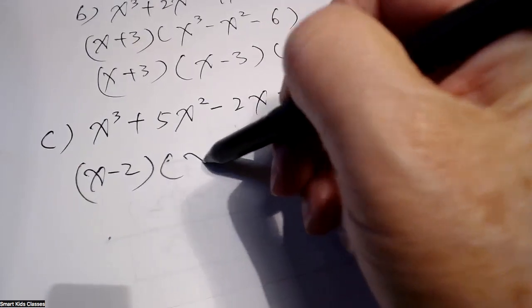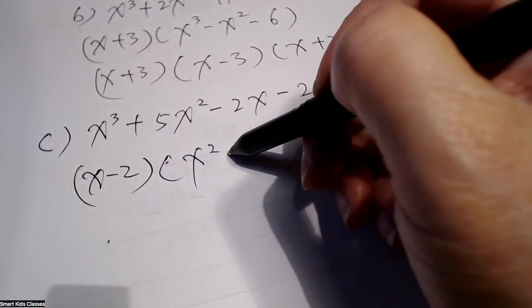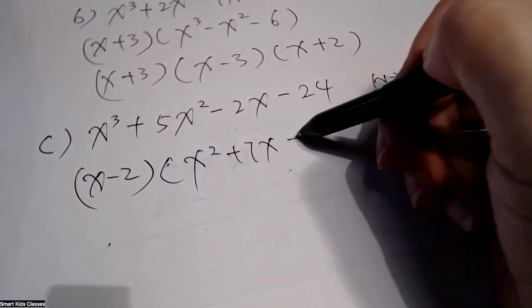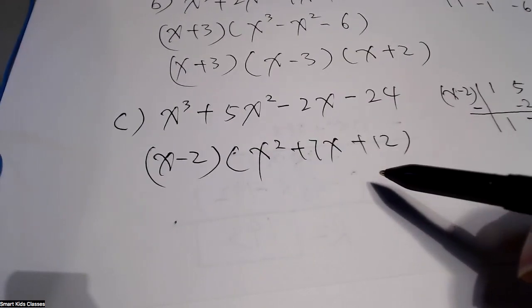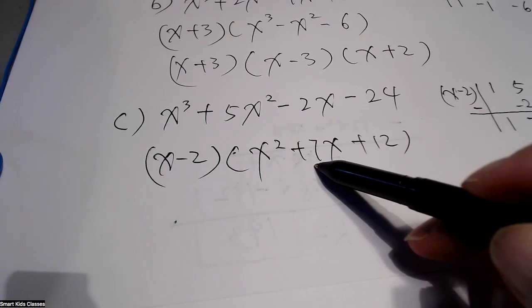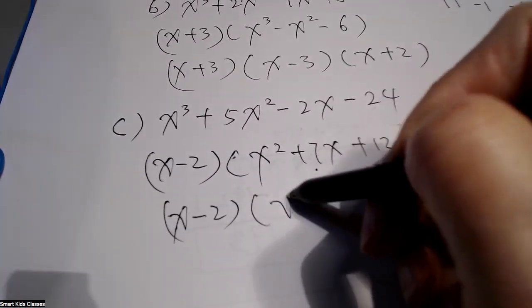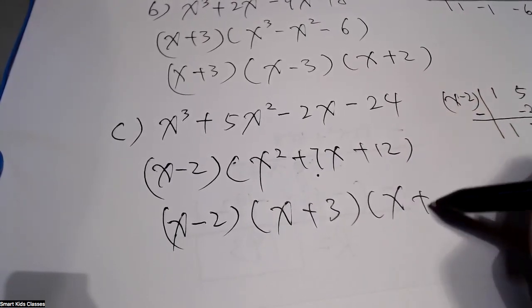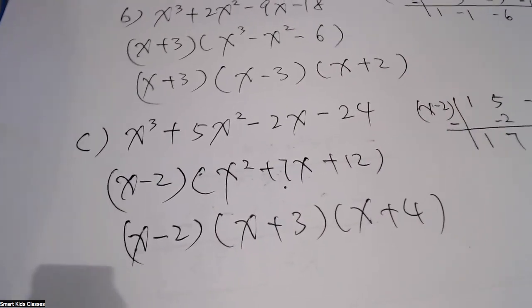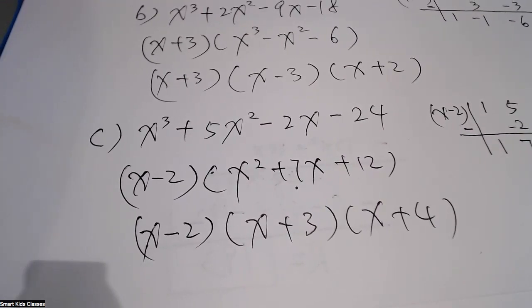It's going to be x exponent 2 plus 7x plus 12. So 3 times 4 is 12, and 3 plus 4, you get 7. So we got the factors here: x plus 3 and x plus 4. We fully factor question 6C.